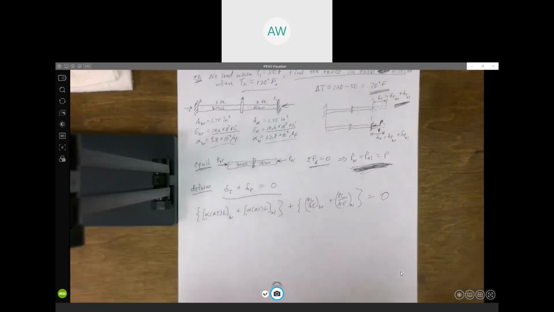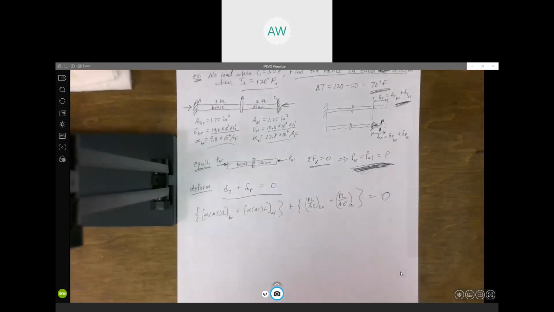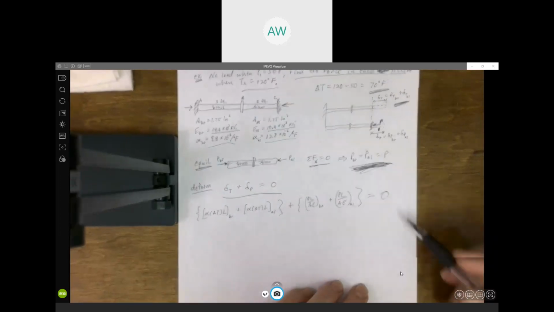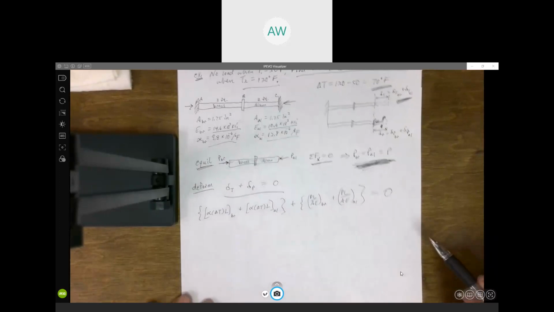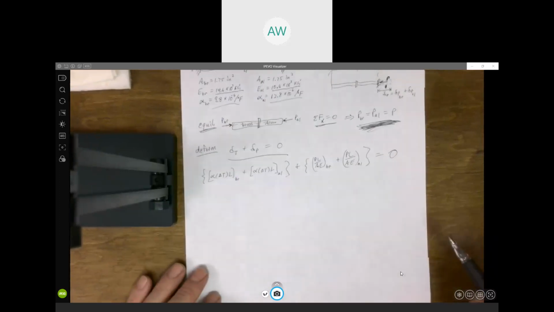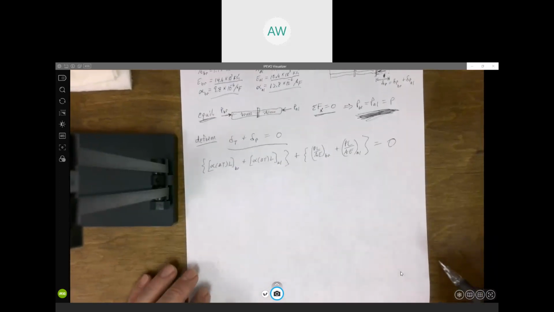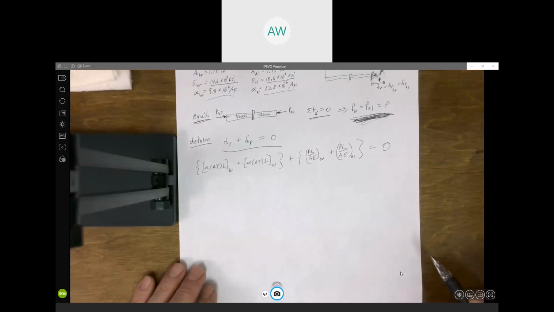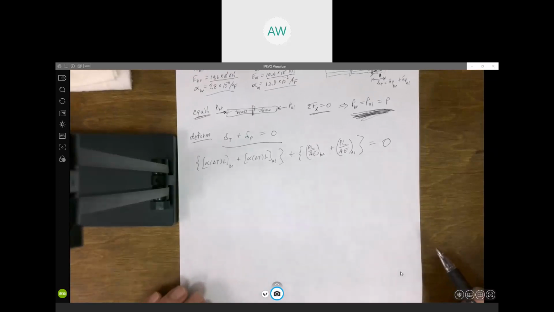We'll get at least 3 guesses, and then we'll go on. So the quicker y'all guess, the quicker we can finish. What do you think our force is going to turn out to be? Approximately a lot. Now I want a number. Give me a number in pounds.